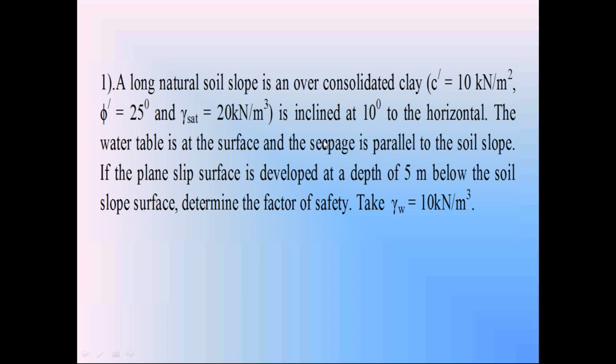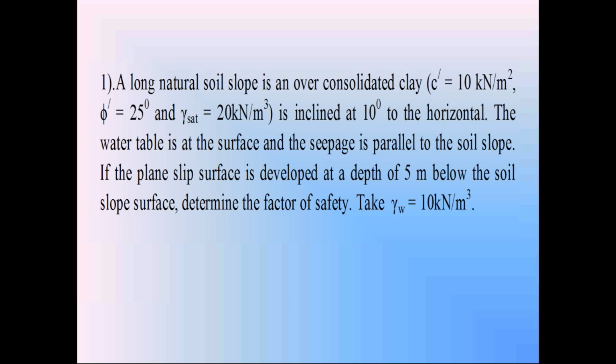Already in the theory, I discussed with you the stability analysis of infinite soil slope. I explained the stability analysis of infinite cohesionless soil slope and also the stability analysis of infinite cohesive soil slope.